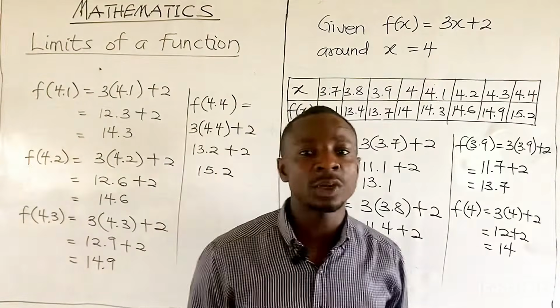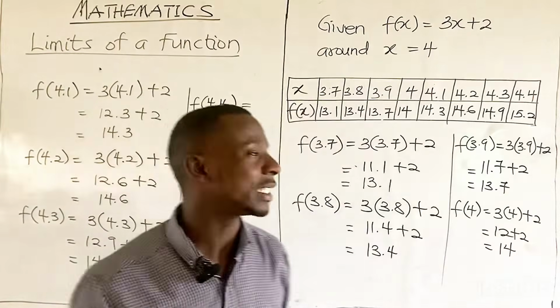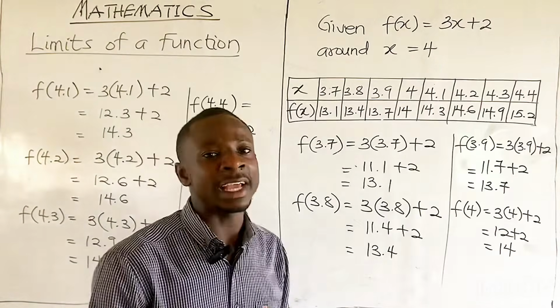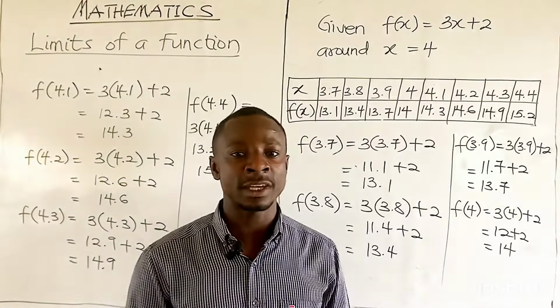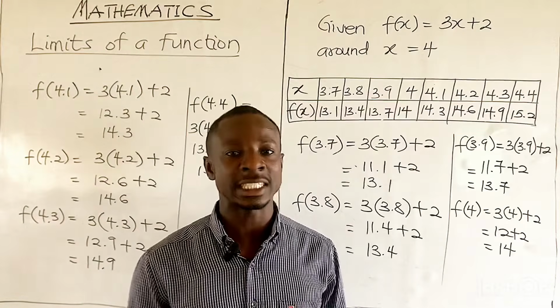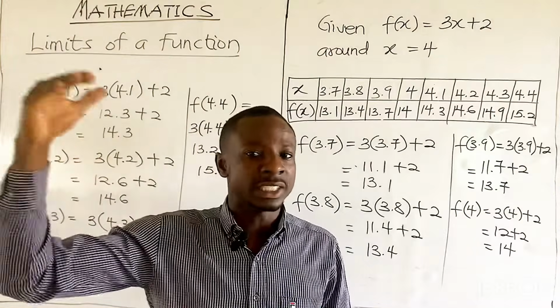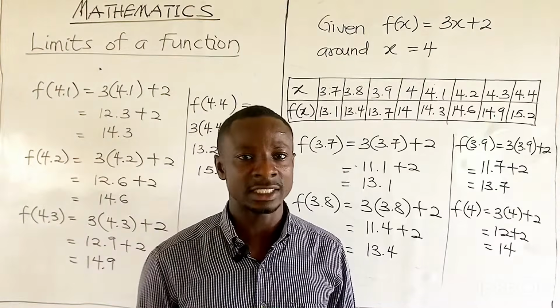So basically, when you talk about limit, it is when the value of x changes and the behavior of f of x, or the function, also changes. Either it increases or decreases.